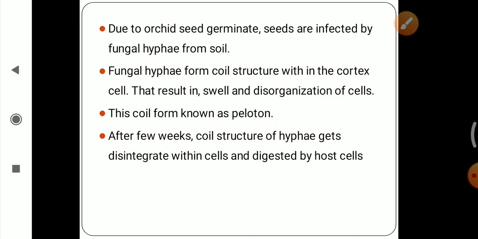In Ectomycorrhiza, root hair is absent, whereas in Endomycorrhiza, root hair is present. In Ectomycorrhiza, cells do not contain coiled hyphae inside the cell, whereas in Endomycorrhiza, coiled hyphae are found. These are the things that we have to remember.